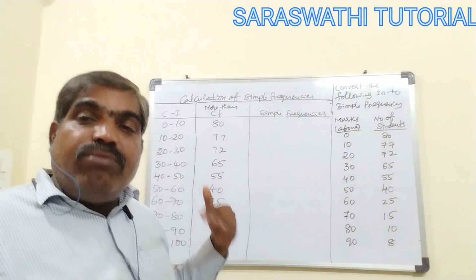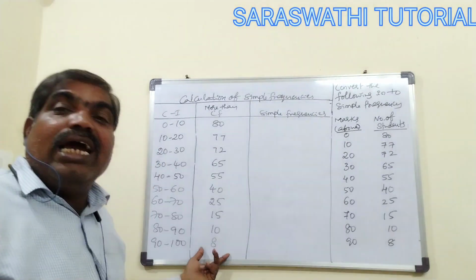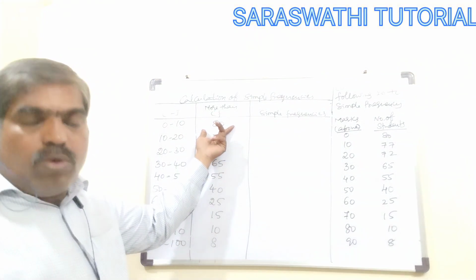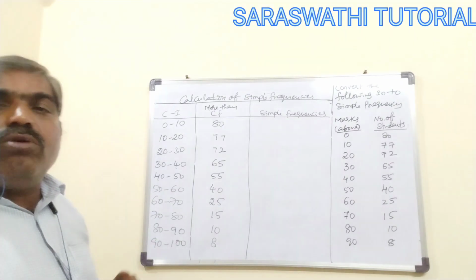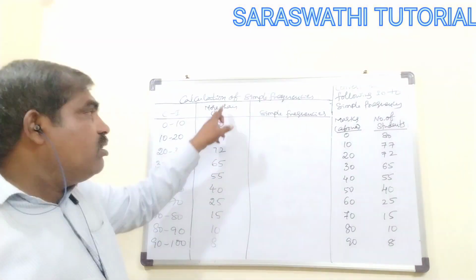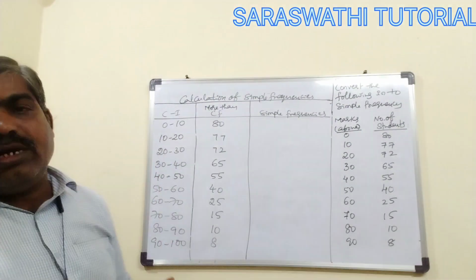But here we have to calculate from the last class interval to the first. So here we have to calculate the frequency from last to first, because the frequencies are given in descending order, which is more than cumulative frequency.